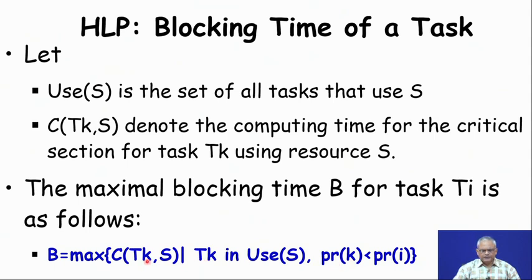We find what resources they use, and then find the maximum computation time using the resource. For all the lower priority tasks, what resources they use and the maximum time they use is the blocking time for the task Ti.